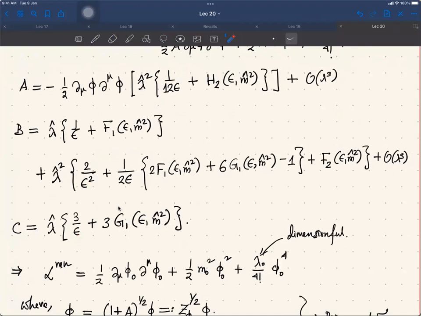However, as I explained in the previous lecture, when you go to sufficiently high order terms, then you are basically taking bigger diagrams.